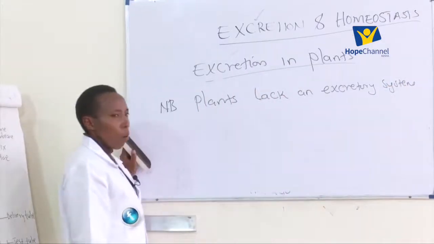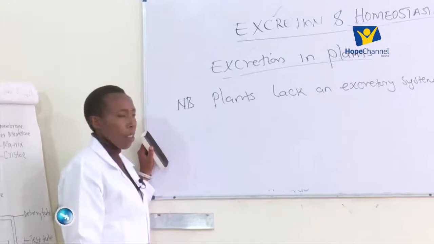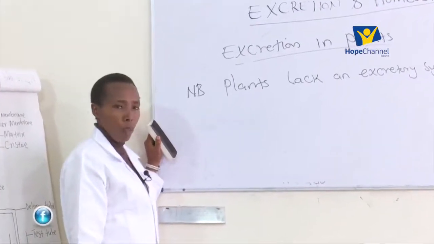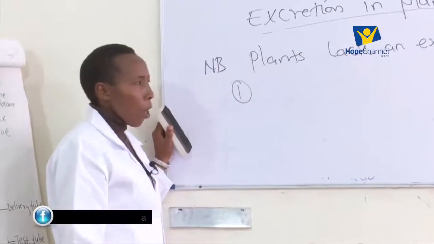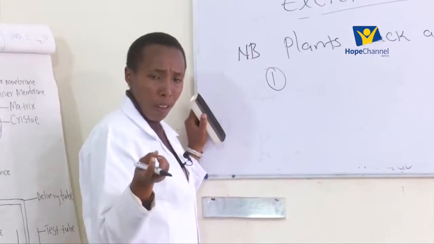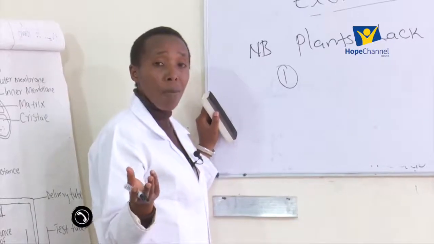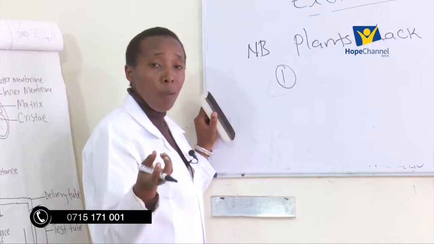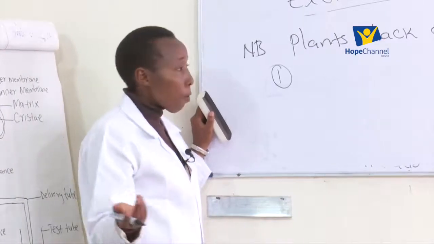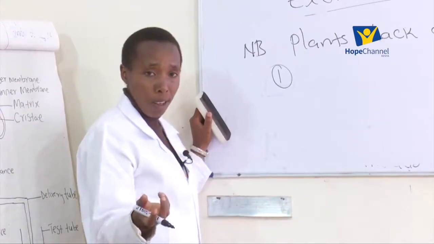Now, the question is, why do plants lack an excretory system? Of course, there are so many reasons. Reason number one, you look at the main waste products in plants. They come majorly from the breakdown of carbohydrates.